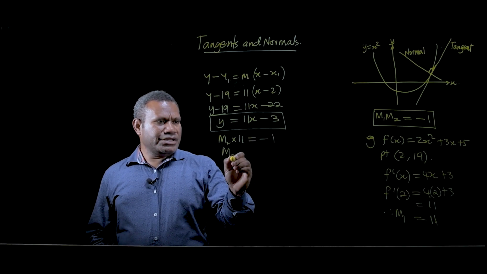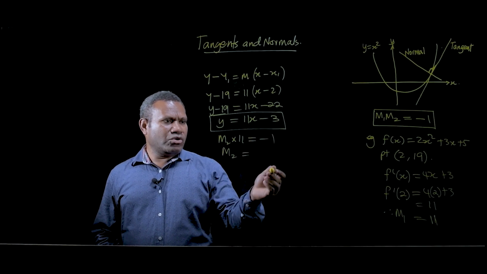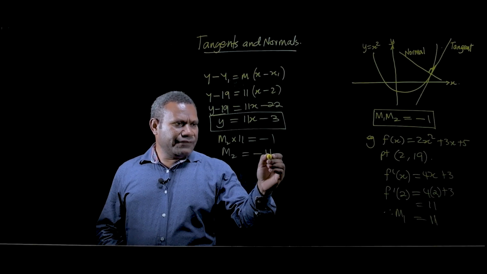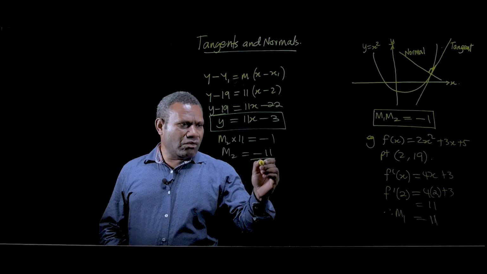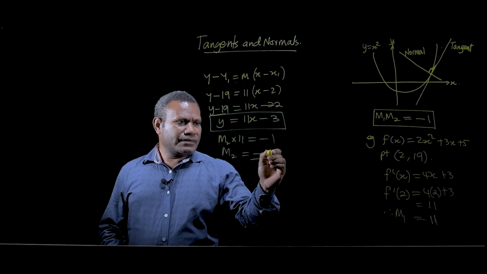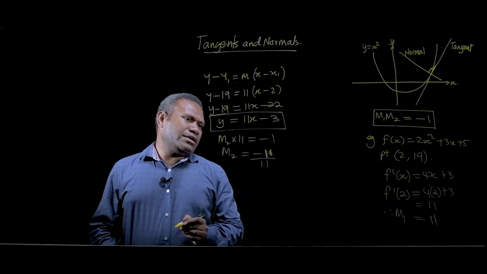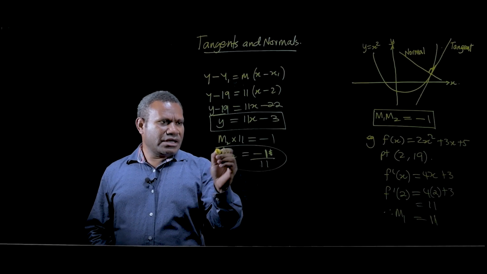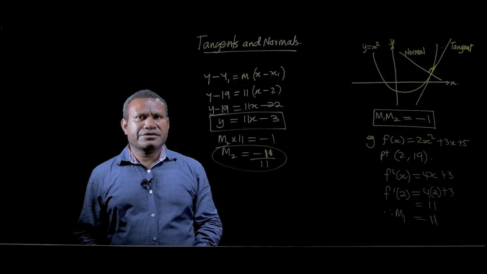Therefore, dividing both sides by 11, m2 is equal to negative 1 over 11. This is the gradient of the normal line.